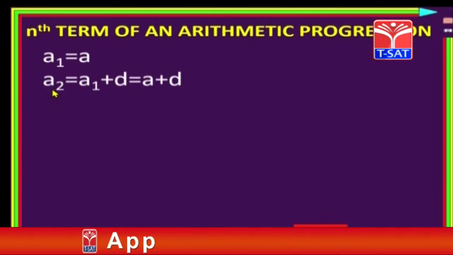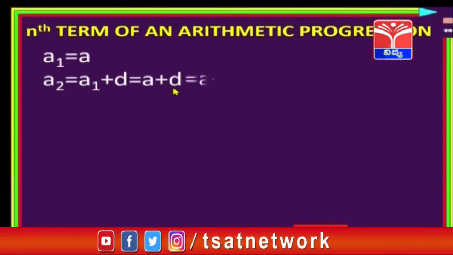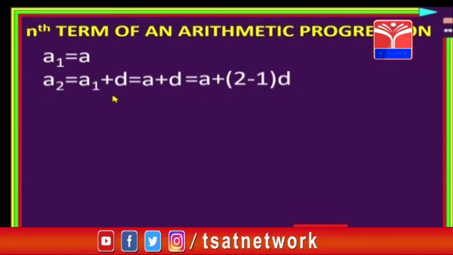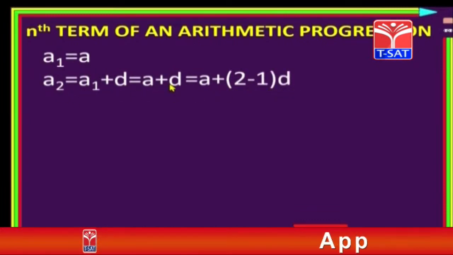The second term, denoted A2, is the first term plus D, that is A plus D. Here the coefficient of D is 1, so it can be written as A plus (2 minus 1) into D, because it is reduced by 1 unit.